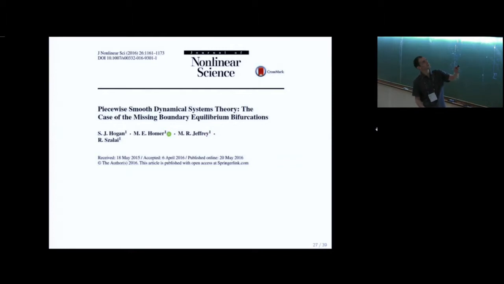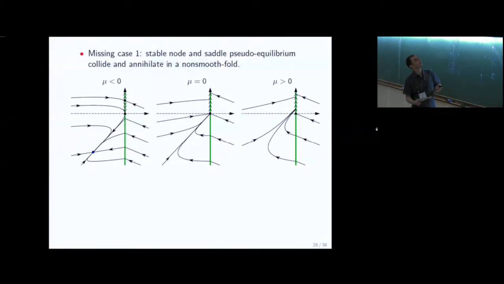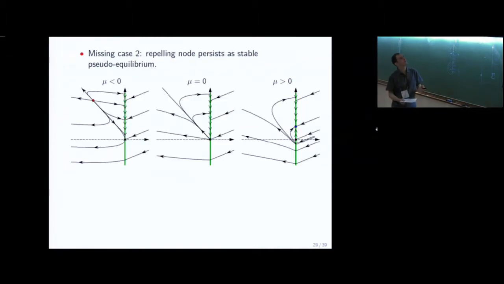And this was done in 2016 by a group at Bristol. They found that the Kuznetsov paper missed 2 of the boundary equilibrium bifurcations. So really there are 12. And here are the 2 that they missed. You have a stable node and a saddle pseudo-equilibrium, glide and annihilate in a non-smooth fold.